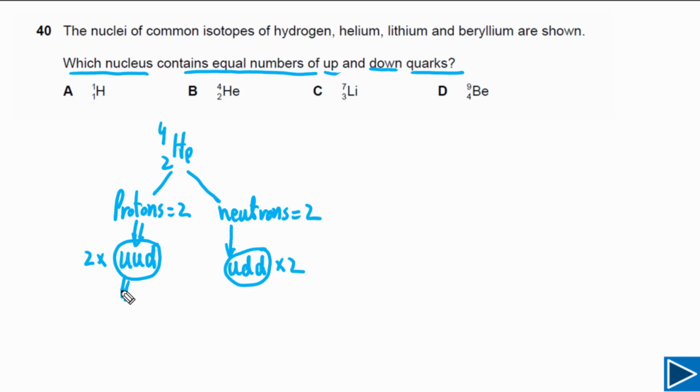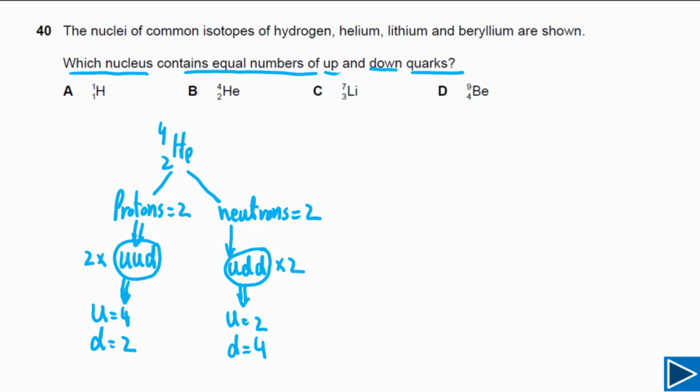From here we can write down the number of up quarks, 2 times 2, so we have 4 up quarks in 2 protons and we have 2 down quarks here. Now if you look at neutron, neutron has 1 up quark, and if we multiply with 2, it has 2 up quarks, and it has 2 down quarks and we multiply with 2, so it has 4 down quarks.